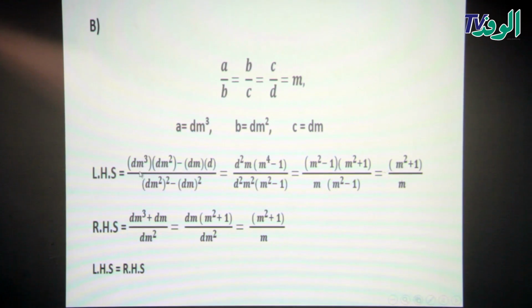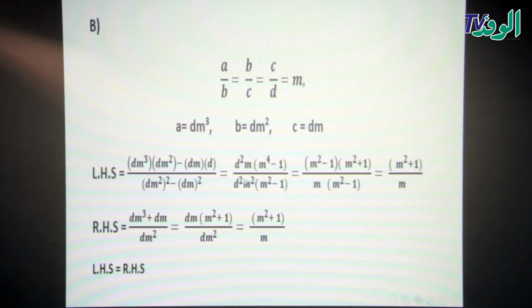Here it was A, it became dm cubed; it was B, it became dm squared; here it was C, dm; and it was D, which stays as it is because we don't replace D. Below, B to the power of 2 becomes dm squared all to the power of 2, minus dm all to the power of 2. Above, we take d squared m common factor, leaving m to the 4 minus 1.